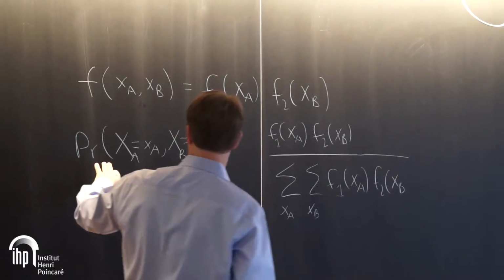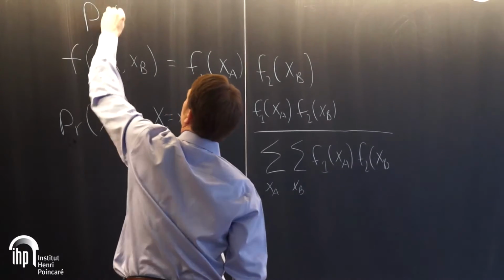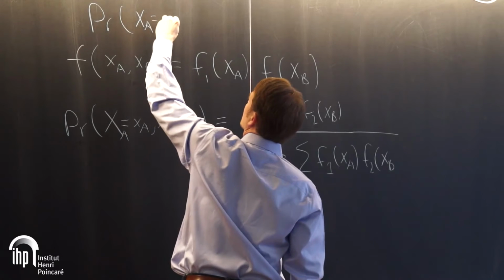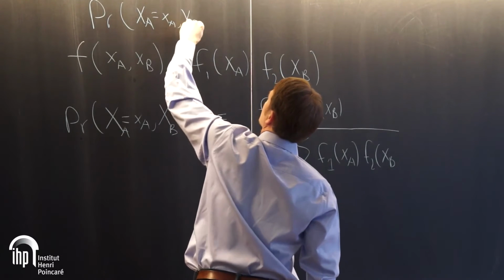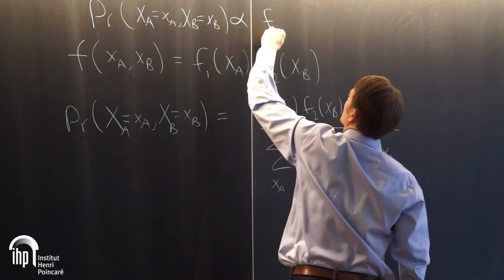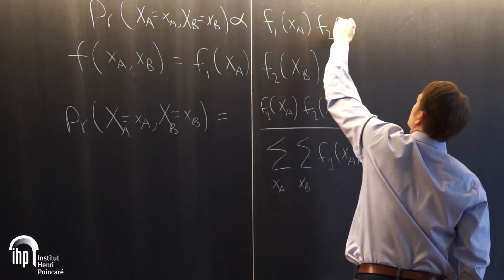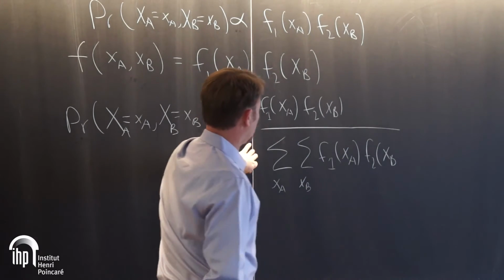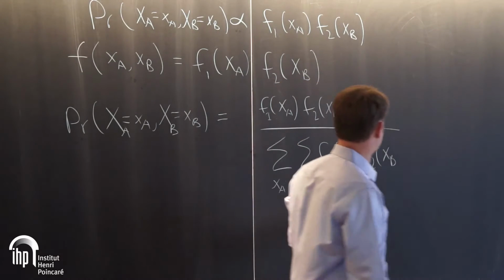So if I have this distribution here, essentially what I'm saying, I often write this probability xa, xb is proportional to f1 of xa f2 of xb. When I say it's proportional like this, I'm really just saying all I have to do is normalize it. We can push this sum forward and do these two sums separately.